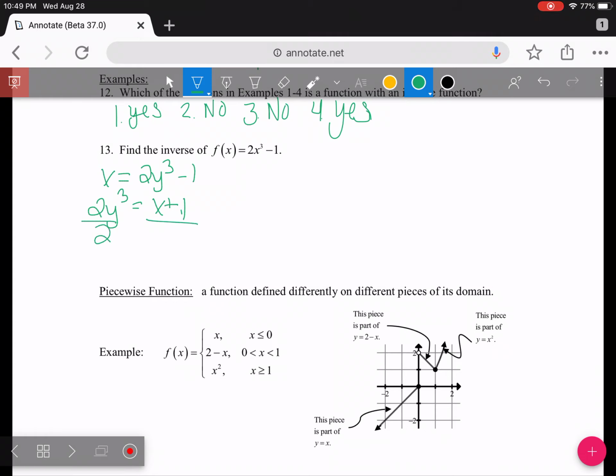Divided by 2, y cubed equals x plus 1 over 2. And then we need to take the cube root of both sides. So the inverse of this function is f inverse of x equals the cube root of x plus 1 over 2.